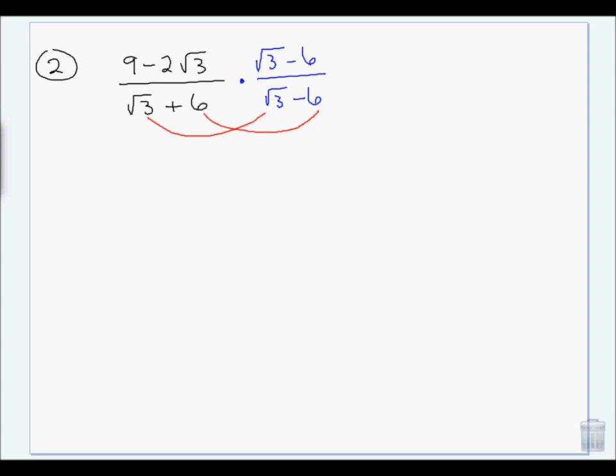So if I FOIL the numerator, I'm going to get 9 times the square root of 3 minus 54 minus 2 times 3 plus 12 times the square root of 3. That's the first, outside, inside, last. And in my denominator, I'm going to get 3 minus 36.